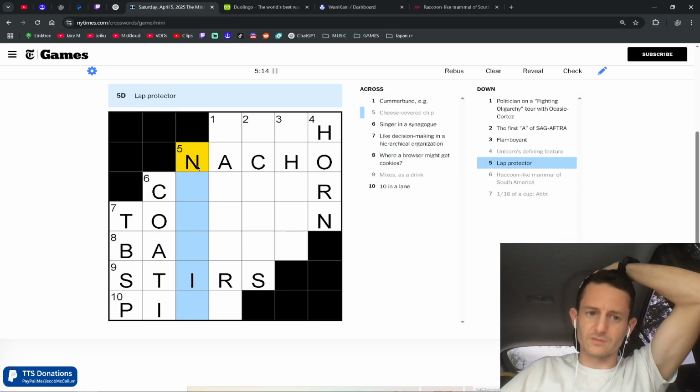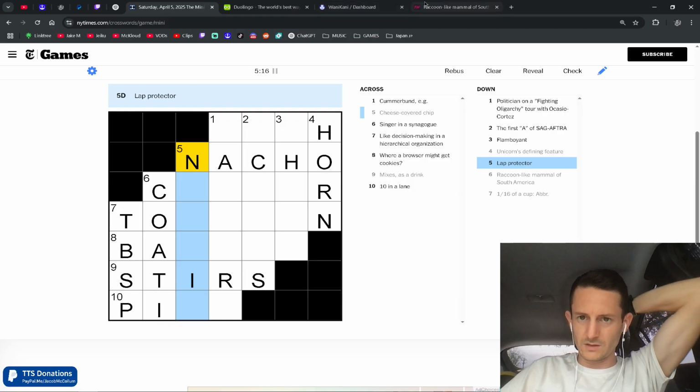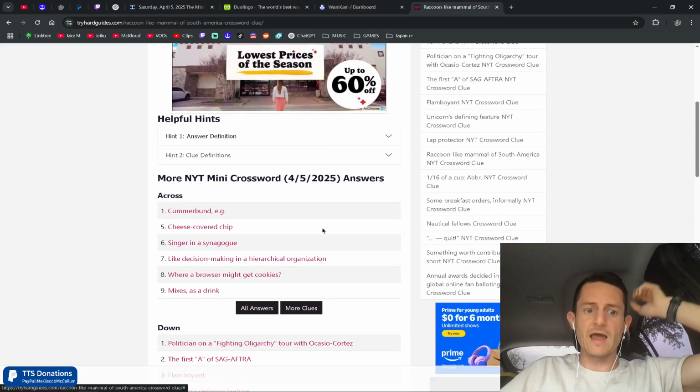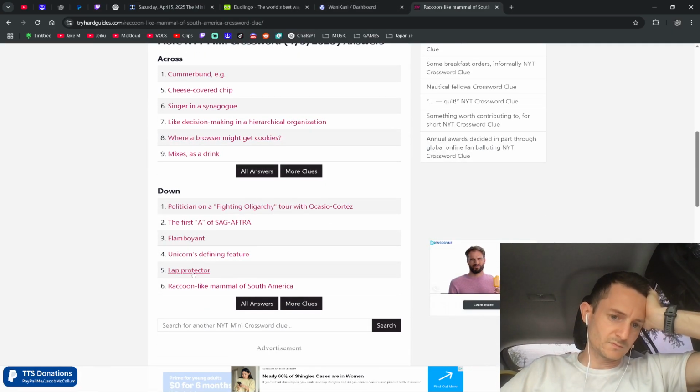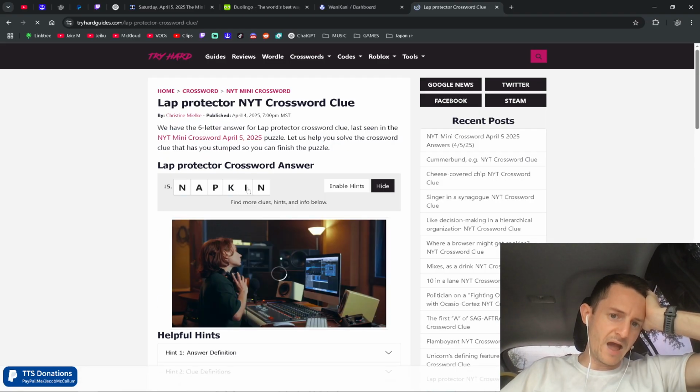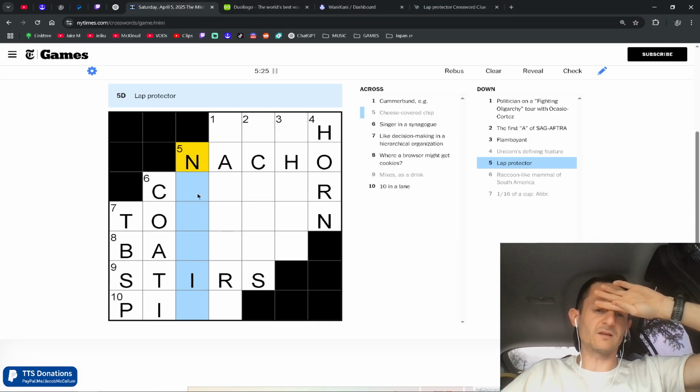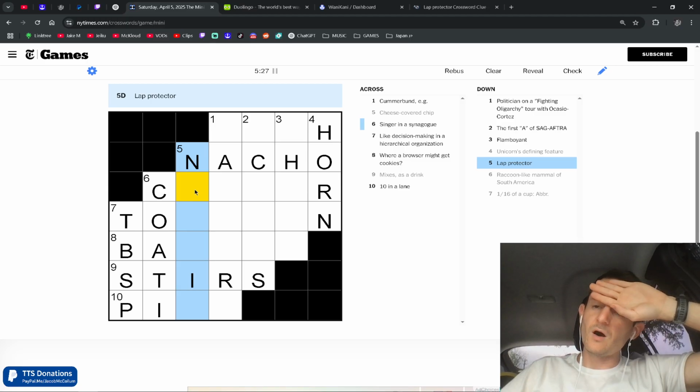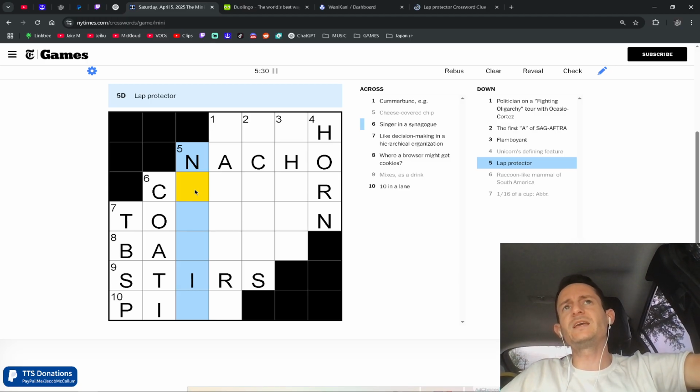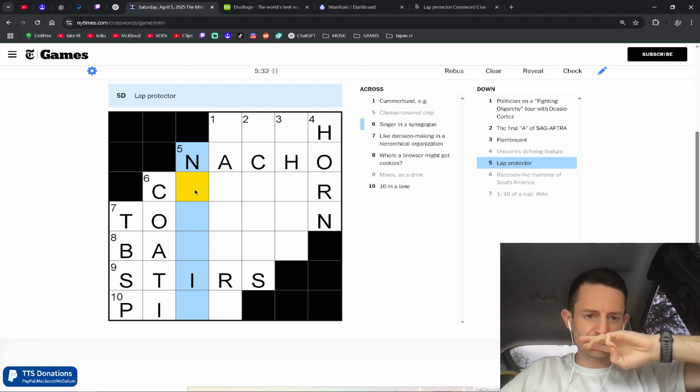A lap protector is a... I'm literally using one right now. A napkin? That's the dumbest... Oh, a lap protector, like when you're eating.